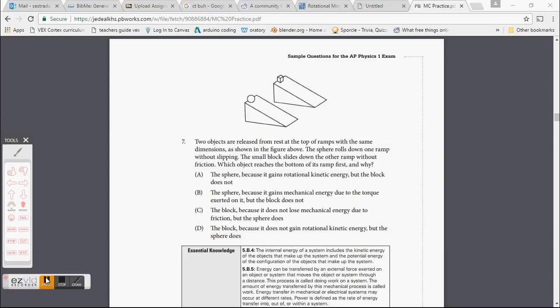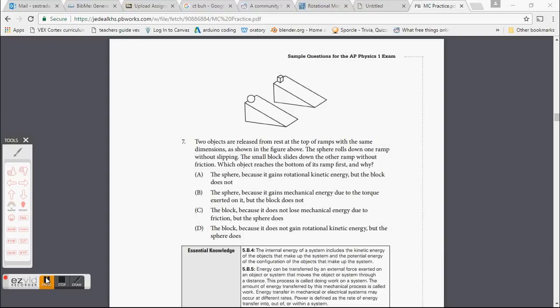The block, because it does not lose mechanical energy due to friction, but the sphere does. So that one, very true right there. Everything that thing says is true. It does not lose mechanical energy due to friction. Yeah, the other one does. But that's not the reason why it reaches the bottom. It's correct, but not answering the why.